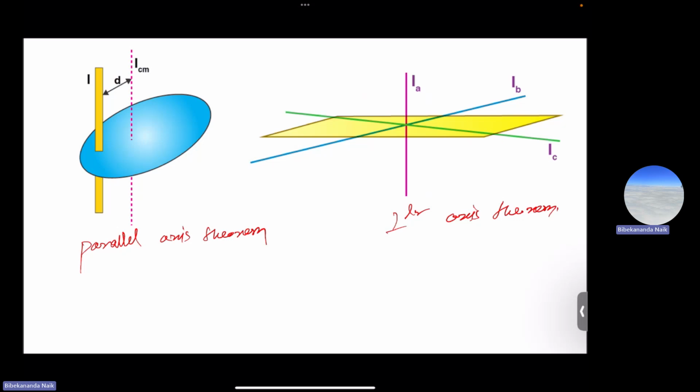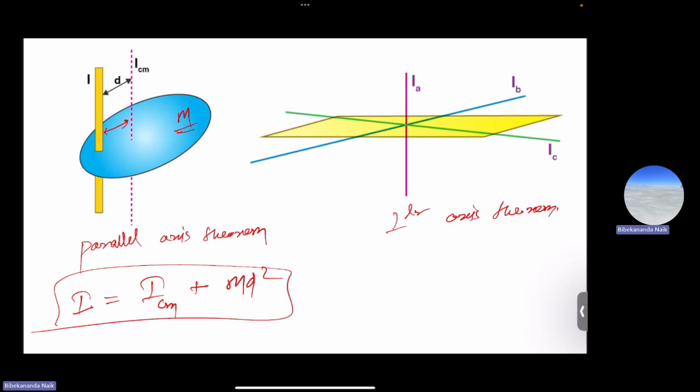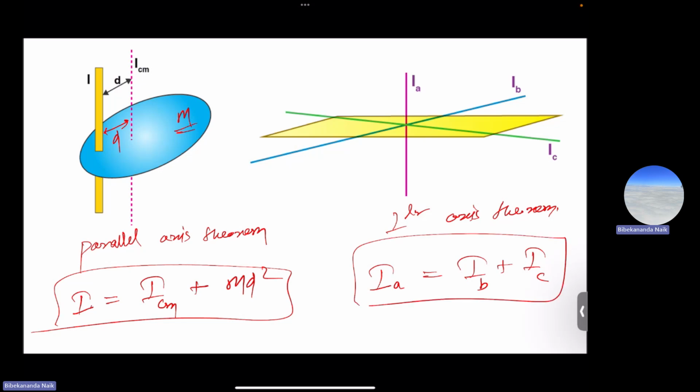Here this is I center of mass, this is I, and the mass of the substance is M. So I will be I center of mass plus M d square, because the distance between the two axes is given as d. Similarly, for the perpendicular axis theorem, IA will be equal to IB plus IC. We use this one for the question.